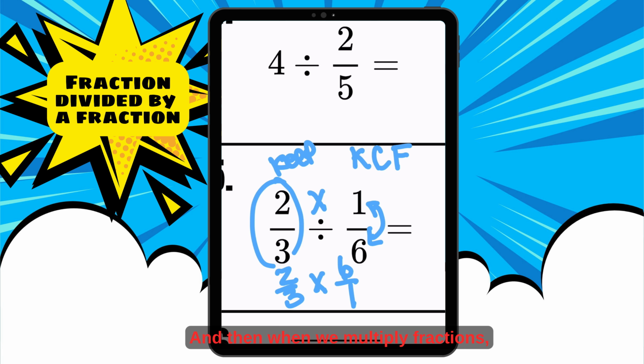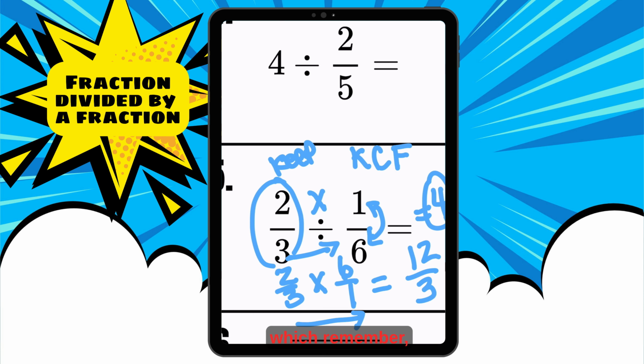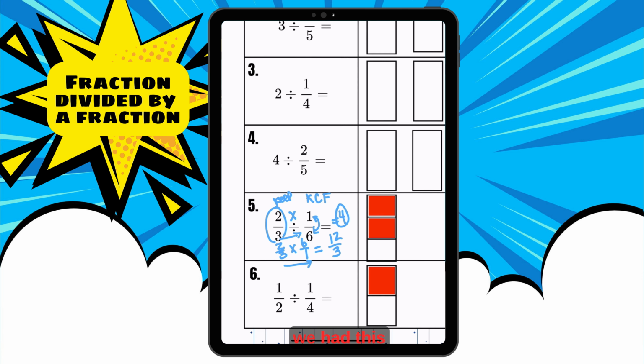And then when we multiply fractions, we do numerator times numerator, denominator times denominator, or I like to say top times top, bottom times bottom. So 2 times 6 gives us 12, and 3 times 1 is 3, and then our answer is 4, which remember, we had in sixths. We have 1, 2, 3, 4. Same answer.